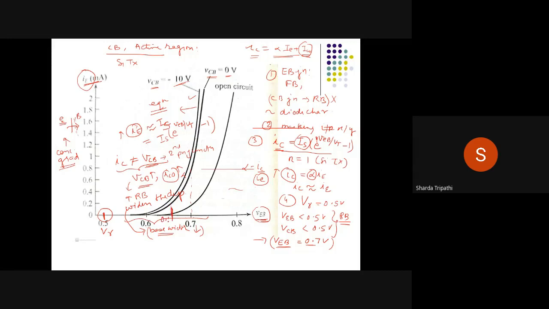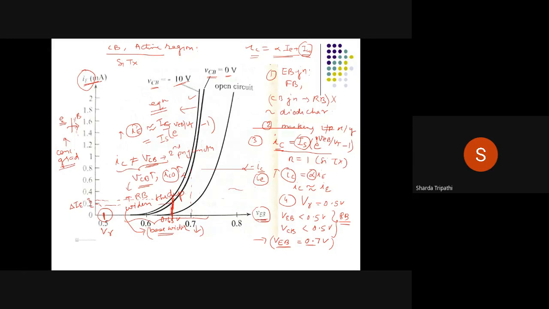Say this is 0.65 volts. When VCB was 0, the emitter current is something. And when the reverse bias is increased, the emitter current slightly increases over here. So this will be delta IE.